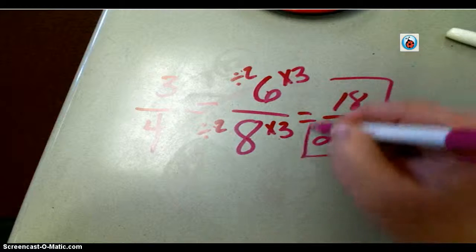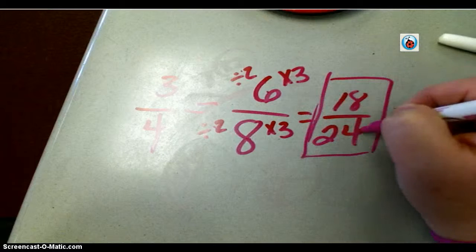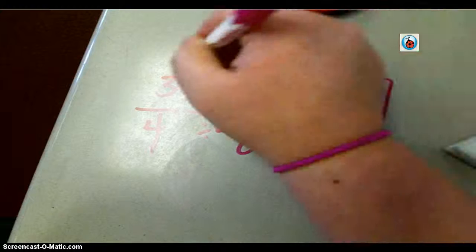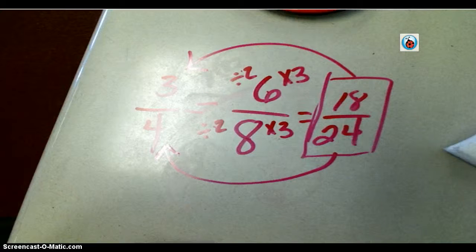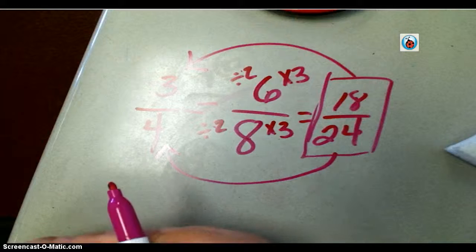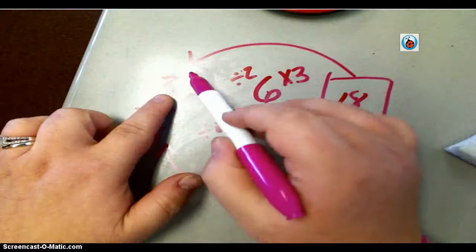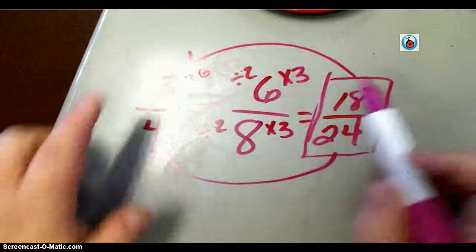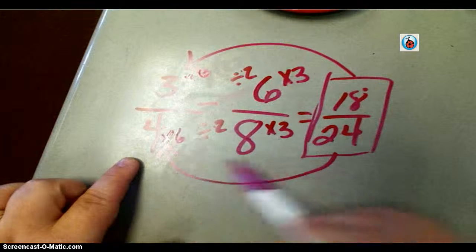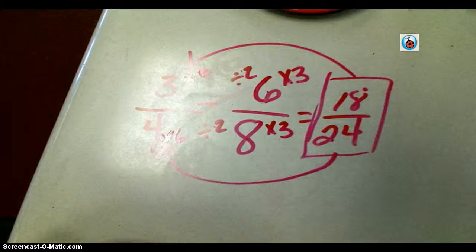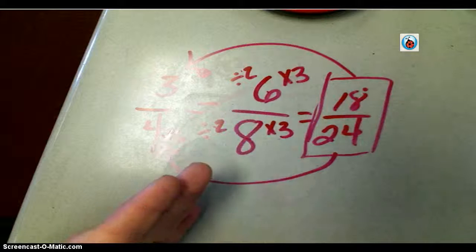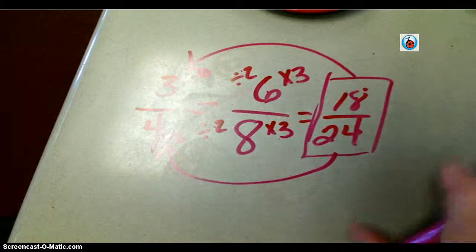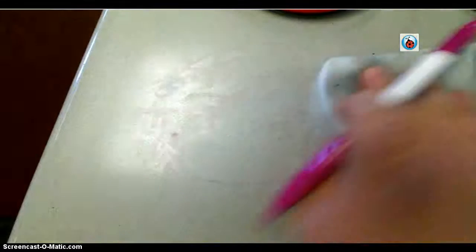She looked at this fraction here and she noticed, well, I can divide both of these by 6. 18 divided by 6 gives me 3. 24 divided by 6 gives me 4. Okay? You could have also looked at it the reverse way. 3 times 6 is 18. 4 times 6 is 24. So, whether you're taking your fraction down or you're making it larger, those are equivalent fractions. They're all equal as long as your math is correct.